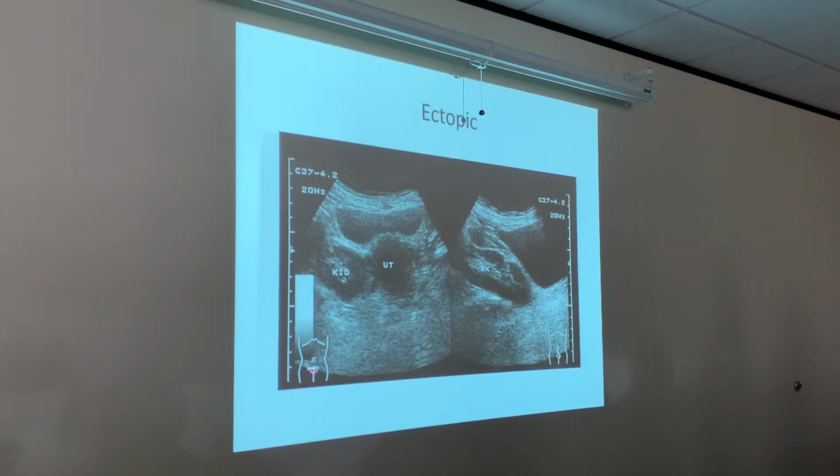So I know this is transverse. Left, right. Okay? What is this one? It's oblique. Okay? So it's mal-rotated like this because it is attached to the iliacs. Okay, so you'll see it beside the bladder.